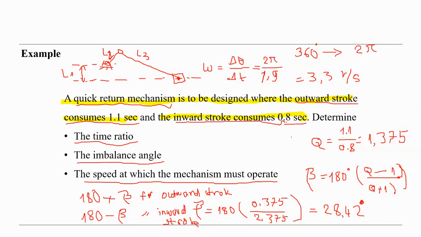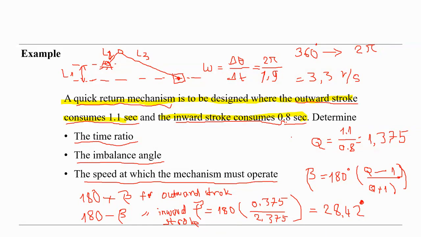So actually, if we have different speeds for the inward and outward stroke, that means different times. We use different times for the inward and outward stroke. So how can we calculate the imbalance angle?